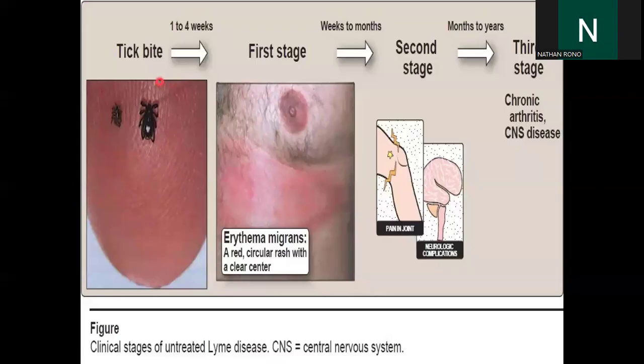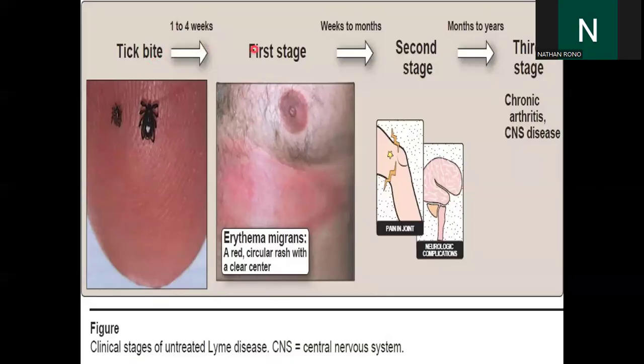This tick should bite you, and it should be attached to your skin for at least 48 hours so that it transmits the bacteria.